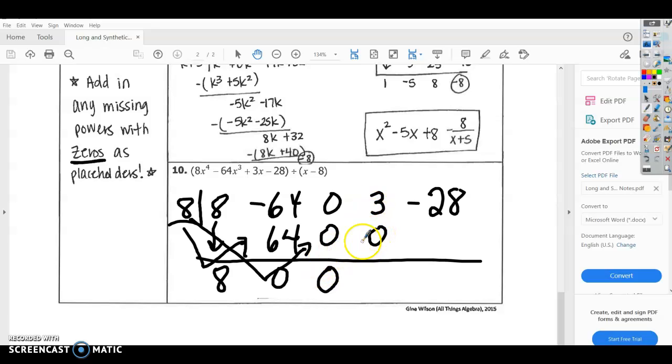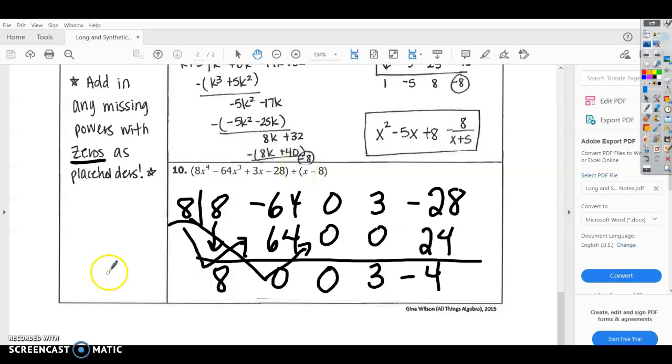Bring down. 3 plus 0 is 3. And 8 times 3 is 24. -28 plus 24 is -4. So to write this out, I am dividing out an x from x to the fourth power, so I reduce my x to the fourth by 1.